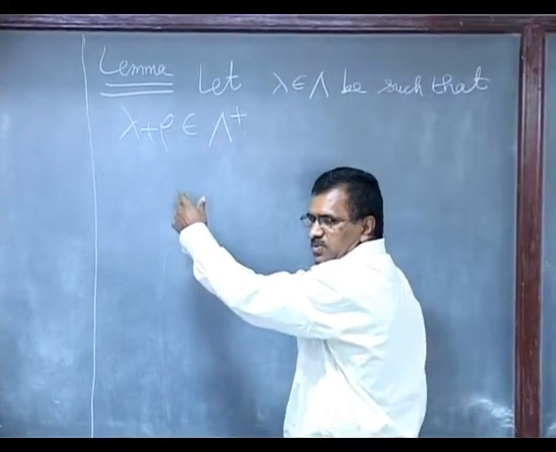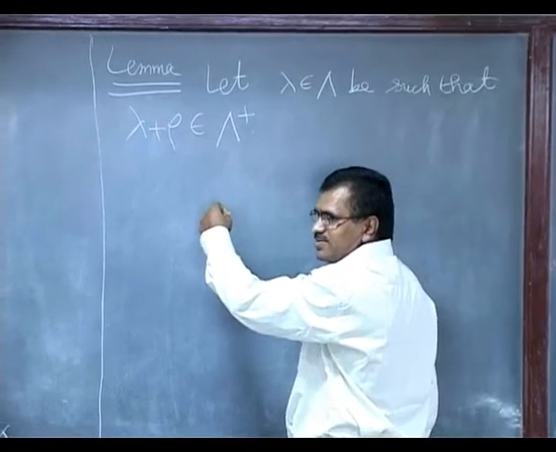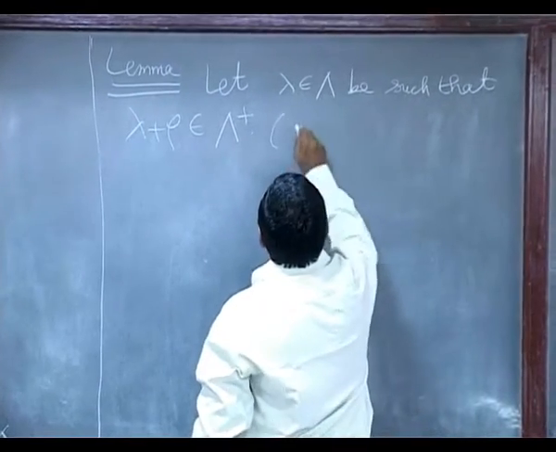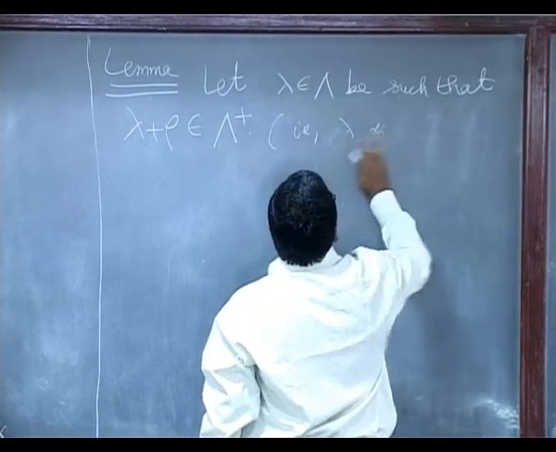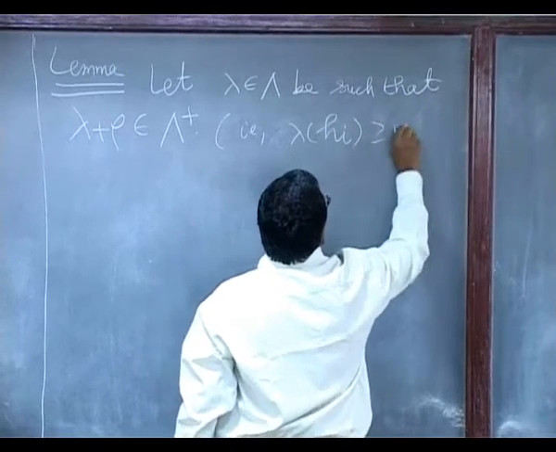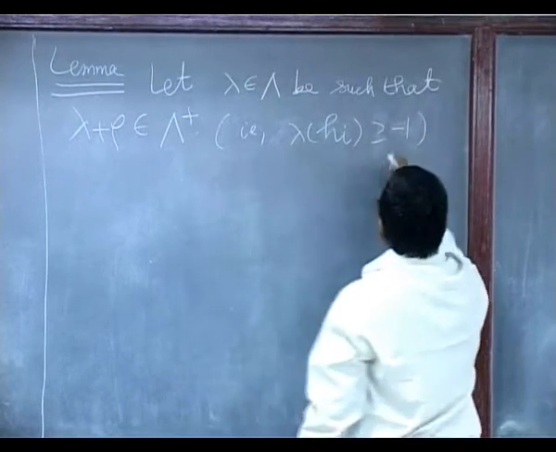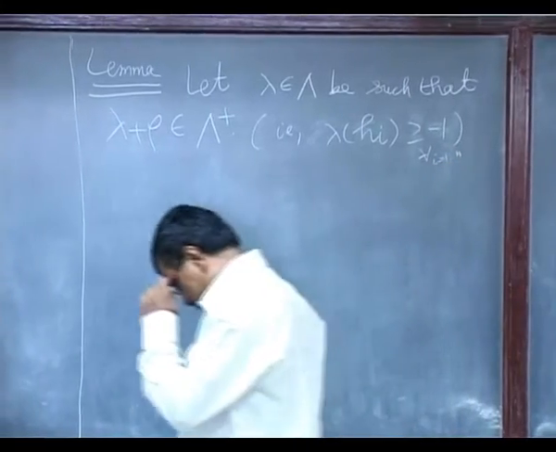For example, the pairing of lambda plus rho with alpha_i for some simple root may be minus 1. So what this shows is that lambda of h_i is bigger than or equal to minus 1 for every i. It could be minus 1 also.